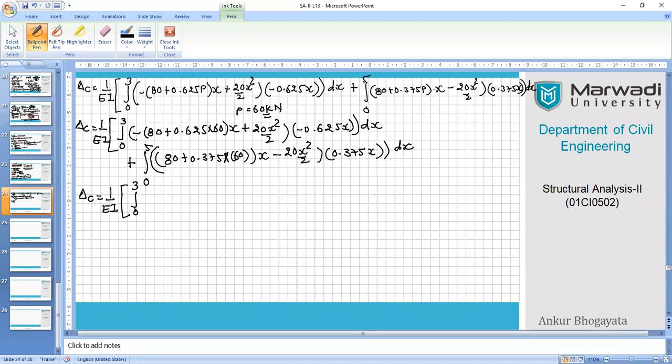See, 0.625 into 60 gives you 37.5, and when you add it with 80 it gives you 117.5.